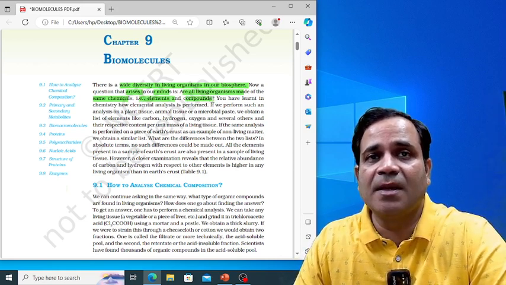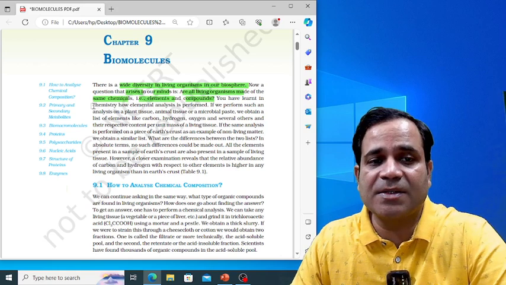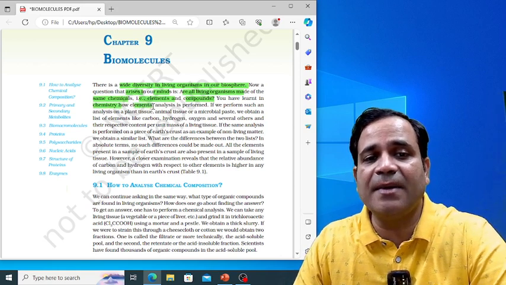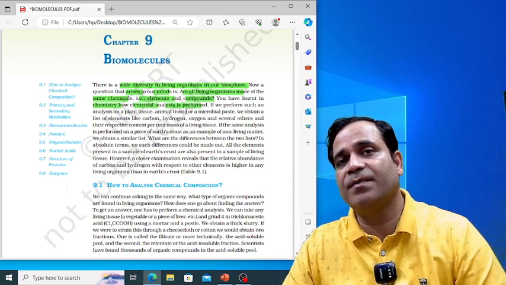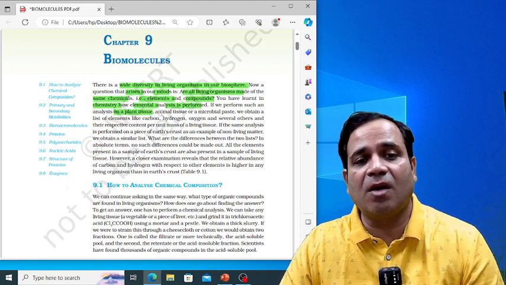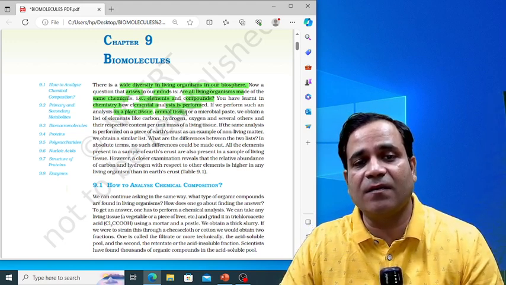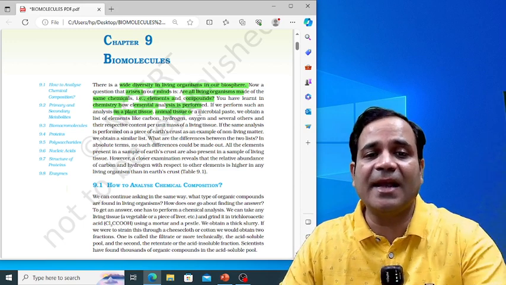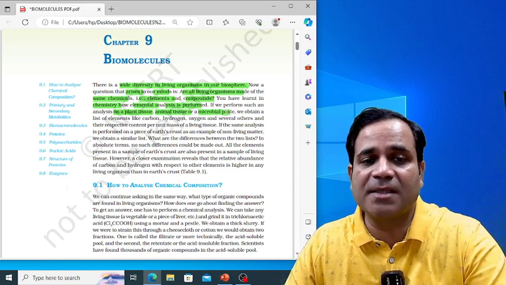In the same way, you learnt in chemistry how element analysis is performed. If we perform any analysis on a plant tissue, animal tissue, or a microbial paste, what do we obtain?